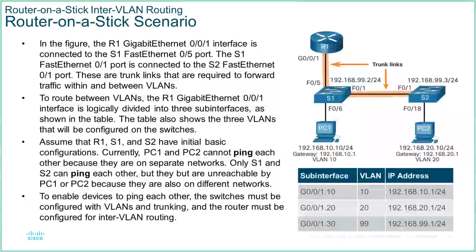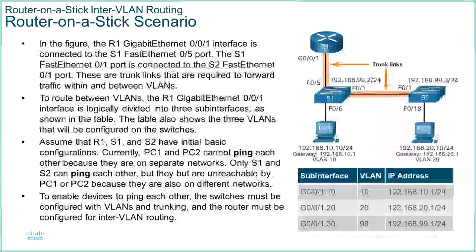So if we've only got basic configurations on those devices, router 1, switch 1 and switch 2, only switch 1 and switch 2 can ping each other, but PC1 and PC2 will be unreachable because they are on different networks.